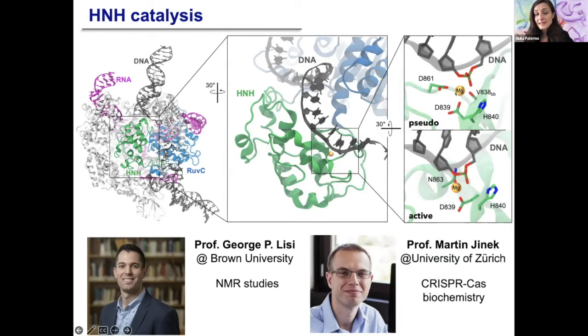But new crystal structures and cryo-EM structures proposed a different active site, an active site in which this asparagine would substitute the aspartate. So to understand which of the two structures is catalytic and how the catalysis occurs, we used a variety of computational methods.